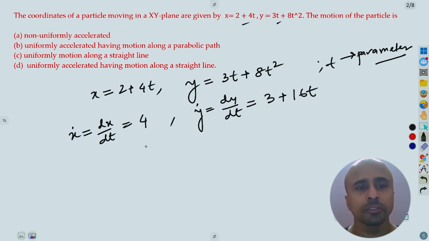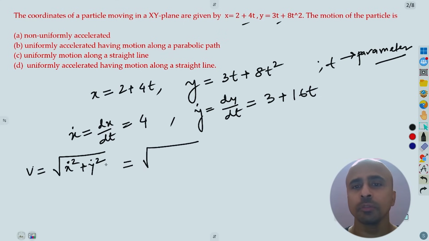So we observe that the velocity, how to obtain velocity? Velocity is the square root of x dot square plus y dot square, right? It is the formula for velocity in two-dimensional motion. So we observe that in this case the velocity is not uniform, because y dot is variable, depending upon the parameter.